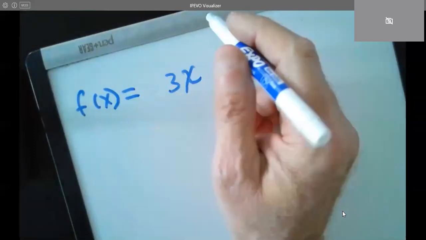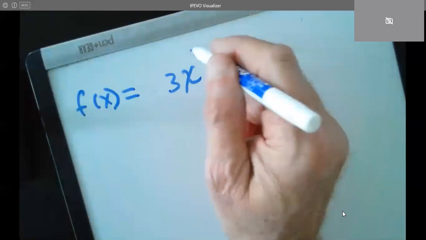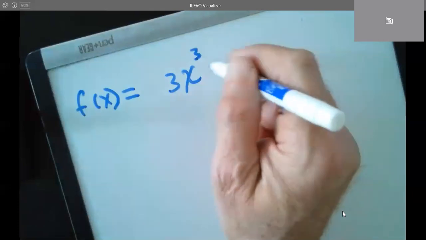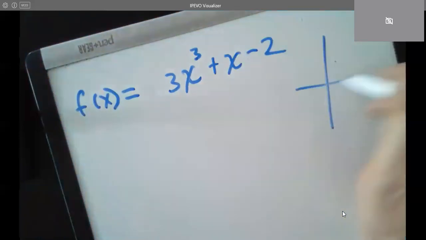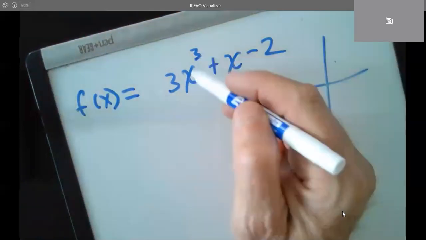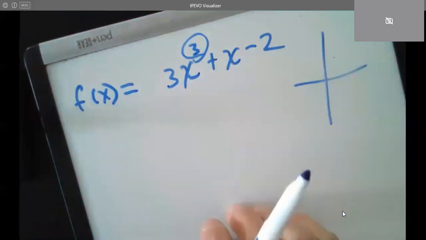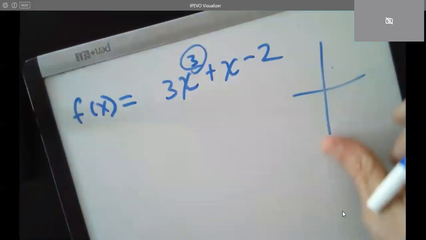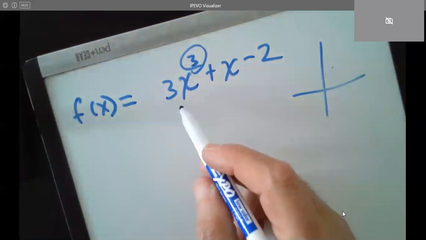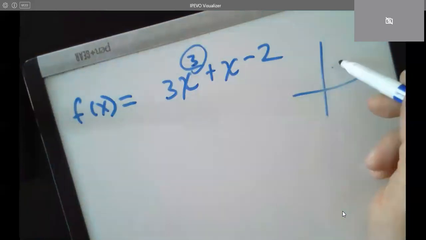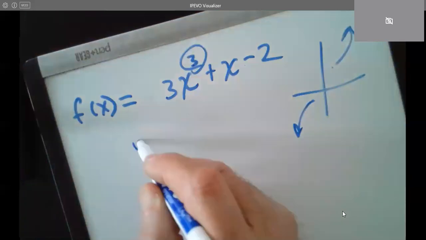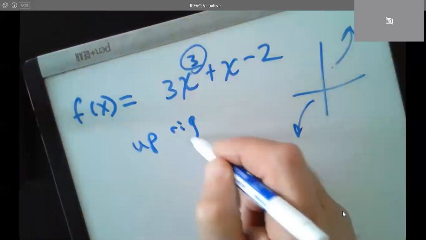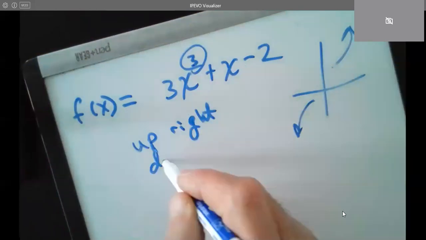Instead of 3x squared, let's make that 3x cubed plus x minus 2. Okay, so it's x cubed, right? So therefore its end behavior is going to be what? Yeah. Up, right, down, left.